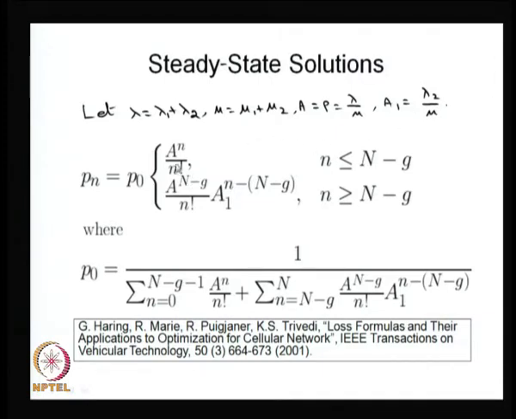Therefore, you have a different expression for 0 to n minus g and n minus g to capital N; you have a different expression for the p_n's. So, this is the steady state probability.